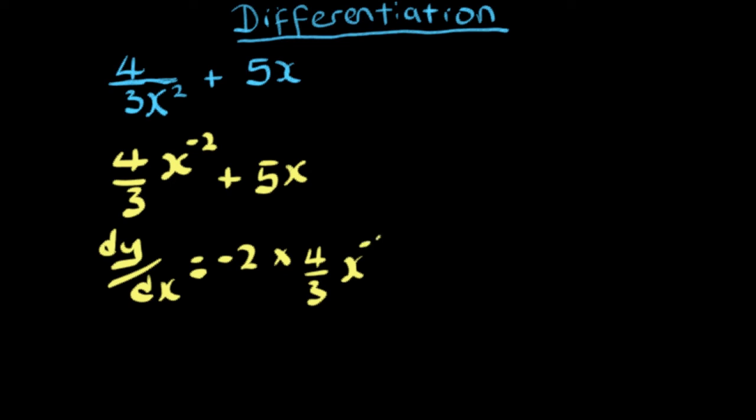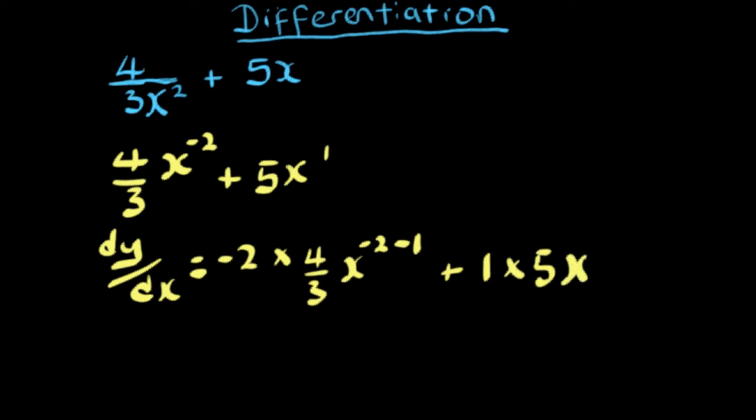So we're going to have minus 2 minus 1, right? So plus 5. I can choose to just write 5 there, but let me illustrate how that happens. Notice that there's an imaginary power of 1 here, right? So 1 times 5, that's what we're going to have there.